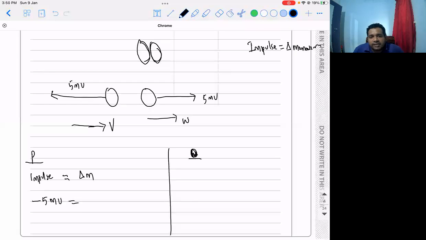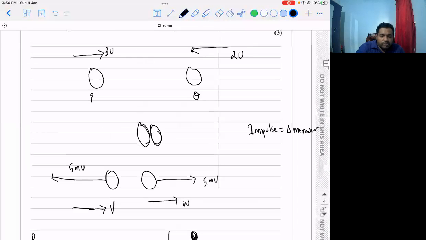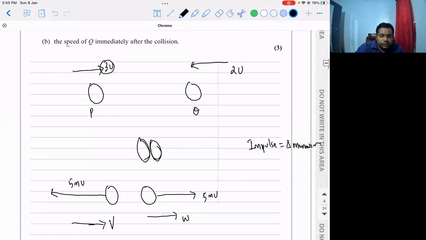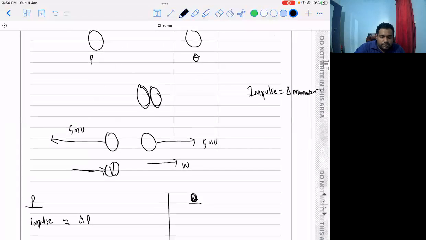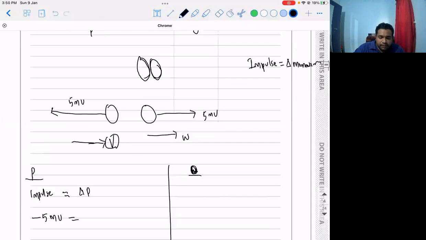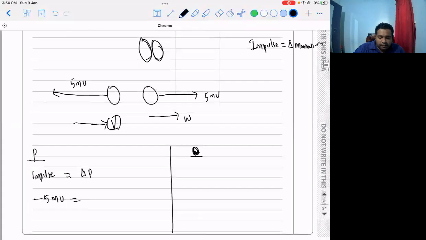That is equal to change in momentum, right? It's not change in m, it's actually change in p, where p is the momentum. So what is the final momentum? Initially it is moving with 3u. So m times, what is the mass of this particle P?